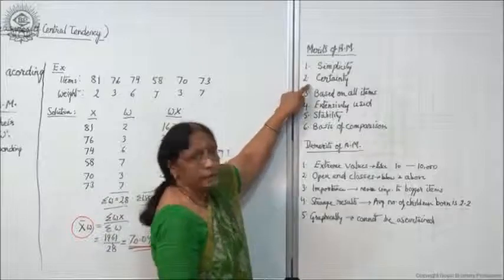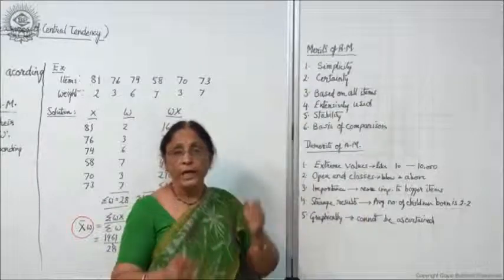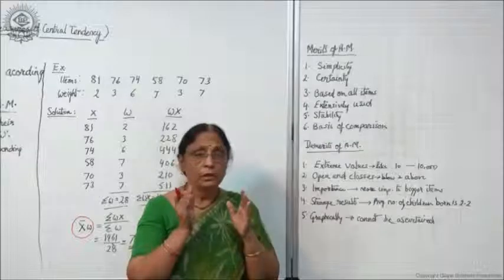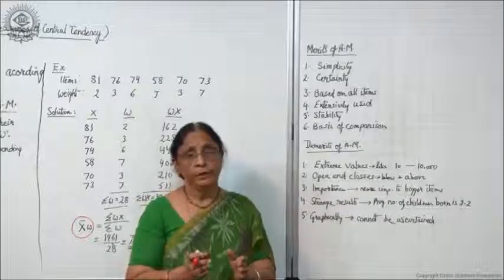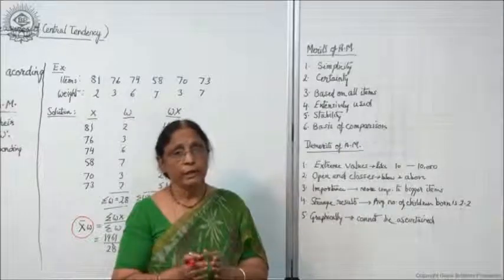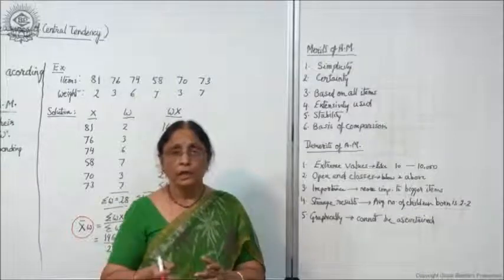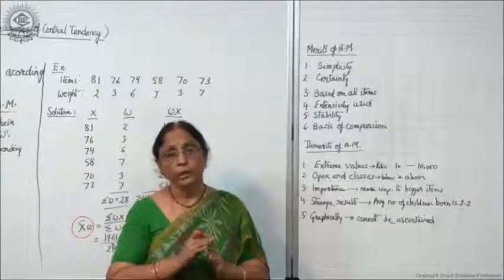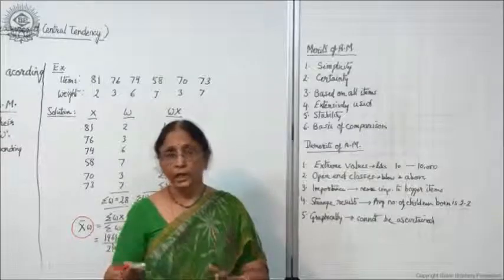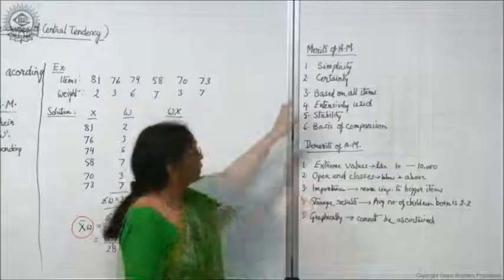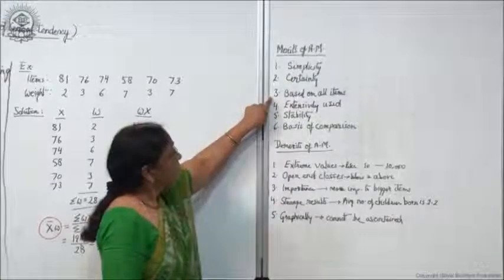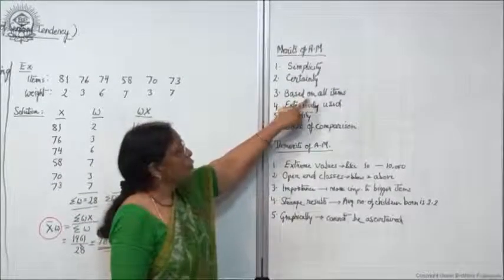Second, certainty, because you are doing the actual calculation. So whatever answer you are getting is sure and certain, because we get it after doing proper systematic calculation. Now the third merit is that it is based on all items.